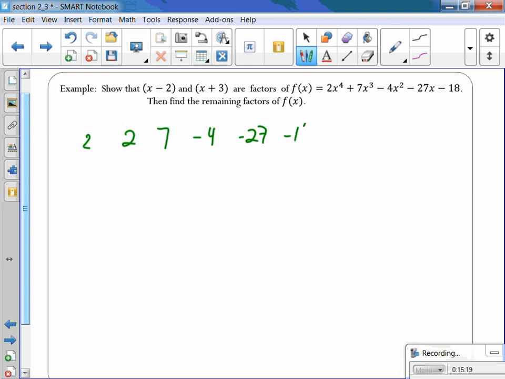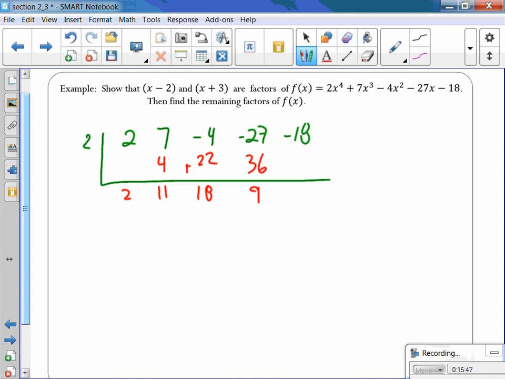Drop down that leading coefficient, and 2 times 2 is 4, giving us an 11, negative 22, excuse me, positive 22, and subtracting, giving us an 18. 18 times 2 gives us a 36. Adding, we get the 9. And then one more multiplication. We find out we have that 0 remainder.